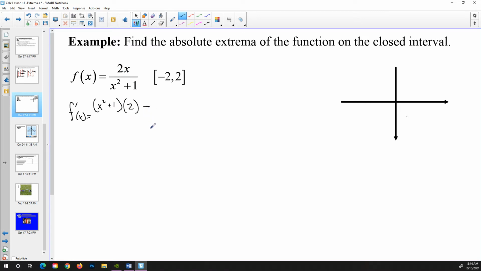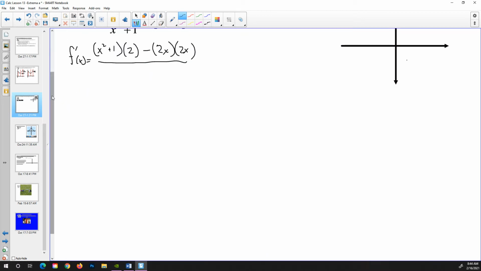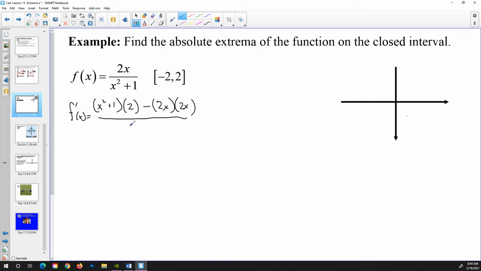And from that, we subtract "hi d ho": we leave the top alone and multiply it by the derivative of the bottom. The derivative of x squared is 2x, and the derivative of 1 is 0, all over the denominator squared, so x squared plus 1 quantity squared.